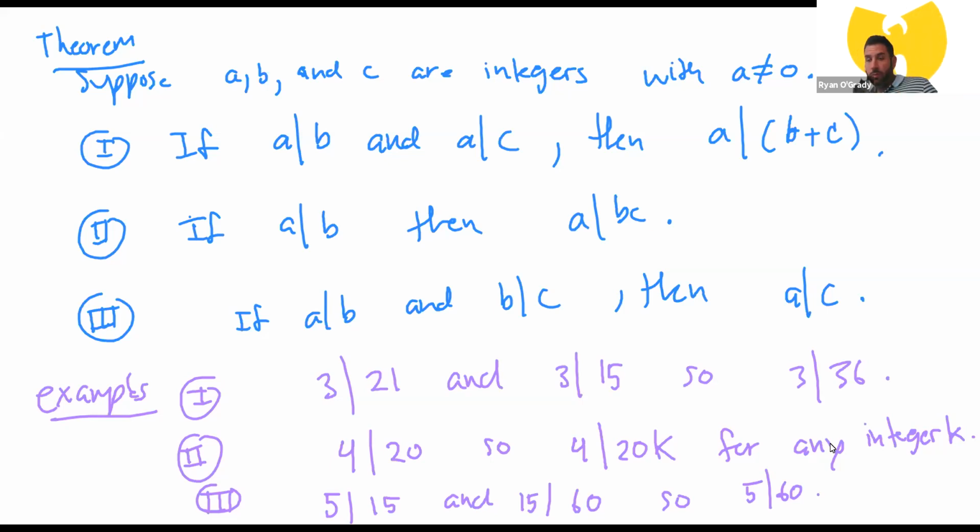Maybe this is a language thing. I know what you mean by divides, but the definition we have is that we say A divides B. We're not talking about the action of dividing one number into another. We're going to do that shortly, because when we divide one number into another, we might have a remainder, correct? So that's a different thing than saying A divides B, or saying 4 divides 20.